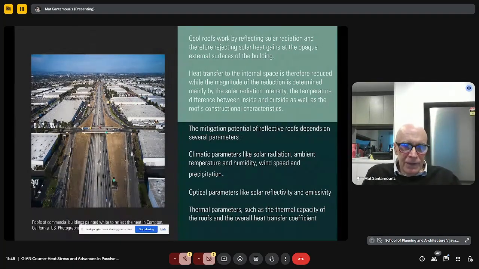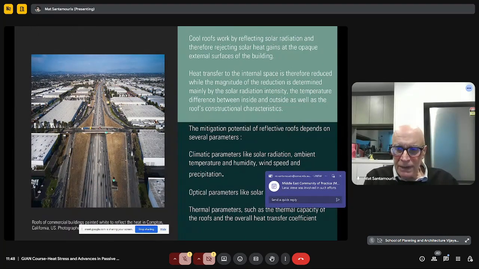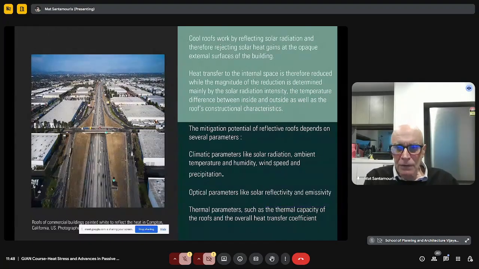Apart from the cool pavements, which are using these first generation materials, we have the so-called cool roofs. You see, for example, in New York, a large area of buildings with cool roofs that reflect solar radiation, reject heat, and in this case we have much lower temperature.